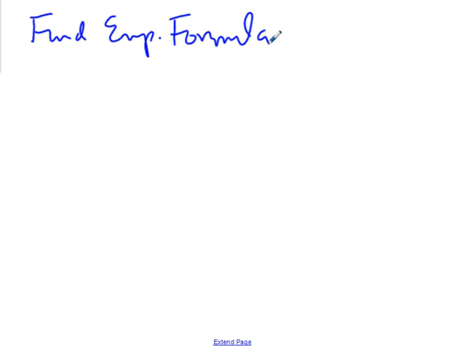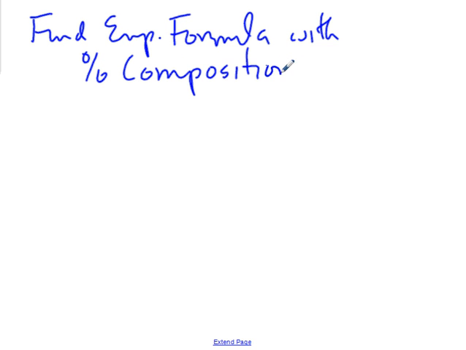Now what we're going to do here is finding an empirical formula with percent composition. If you are given a formula, it's very easy to find its percent composition. We did that on the Ritalin worksheet, right?